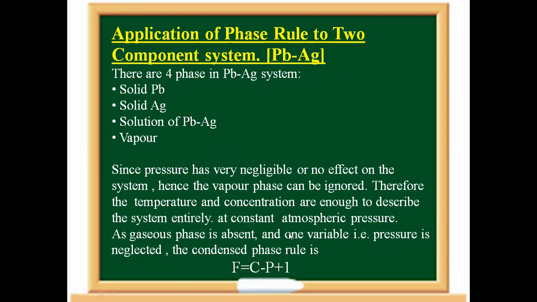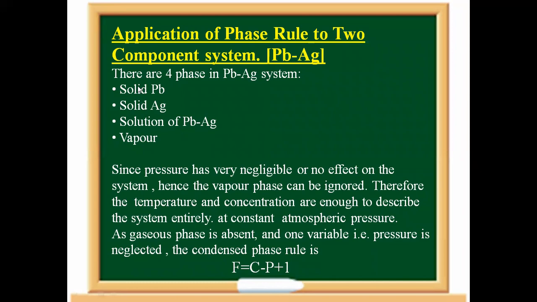That's the reason the Gibbs phase rule gets reduced by one variable, and then it is written as F is equal to C minus P plus 1. Okay, this phase rule is called the condensed phase rule. So, the two component system.